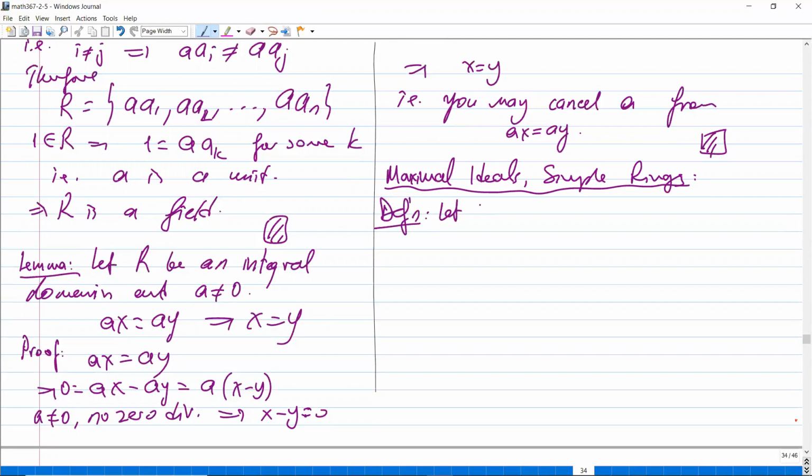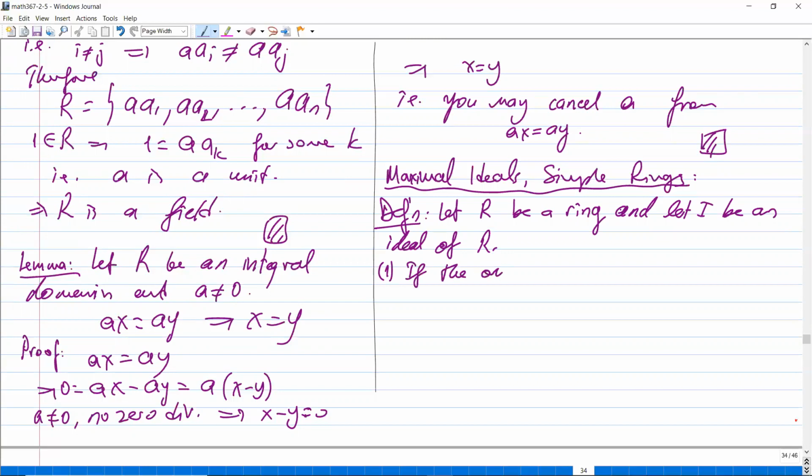Let R be a ring and let I be an ideal of R. If the only ideals of R are 0 and R itself, then R is called a simple ring.